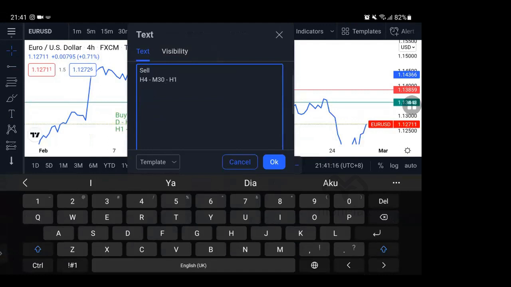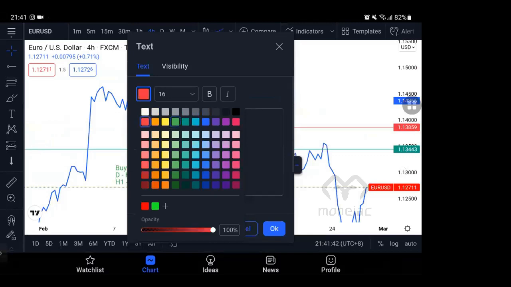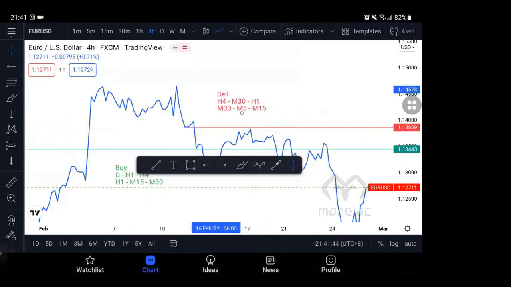And then if we want to be precise, we just drop down to M30 as the direction, M5 for the setup, and M15 for the bias. Then I'm going to change it to red. Okay. So now we have a clear indication of what to view on.